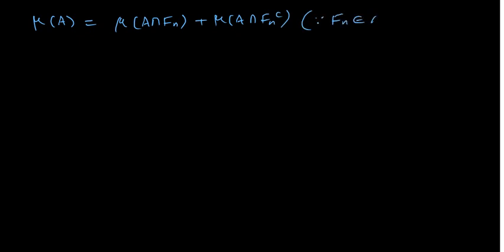Then for any subset A of X we have mu of A. Since fn is measurable, we can apply the measurability of fn here: mu of A intersection fn plus mu of A intersection fn complement, because fn is measurable, fn belongs to lambda.